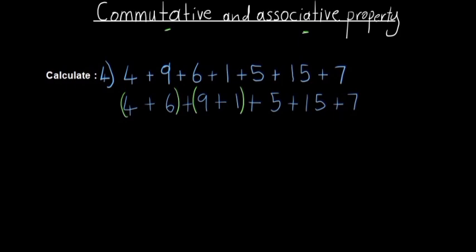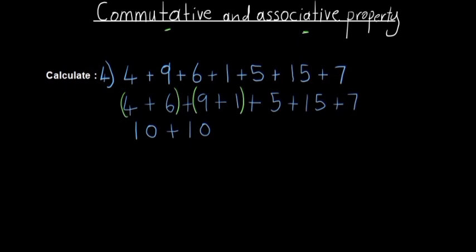So that means we're going to add the 4 and the 6 to get a 10. Then we're going to add the 9 and the 1 to get a 10. And now we're going to use the associative property again to identify a pair that can add to a 20.